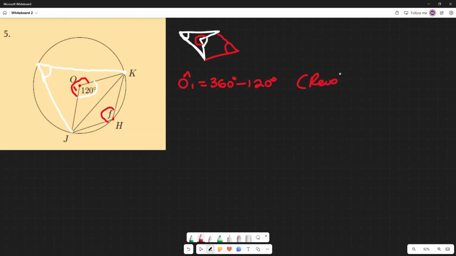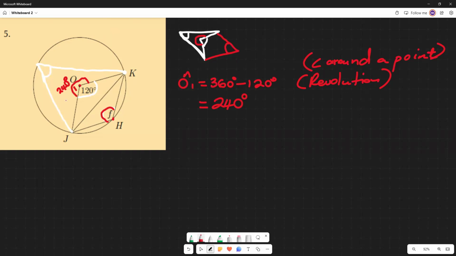The reason is a revolution, or some people say angle around a point. That is the other reason, same as revolution. You can use either of the two. And then here you get 240 degrees. So O1 is 240 degrees.